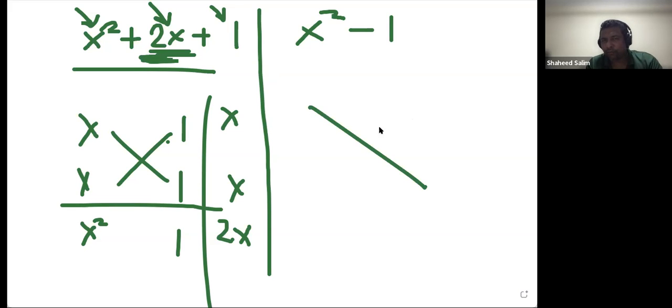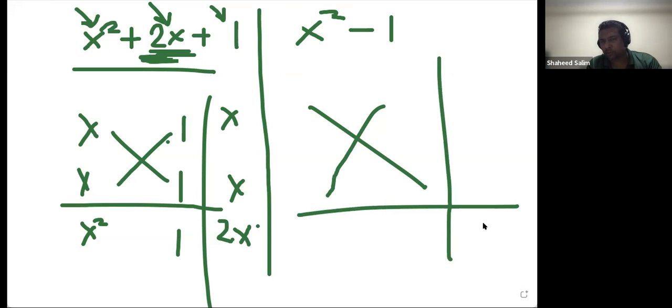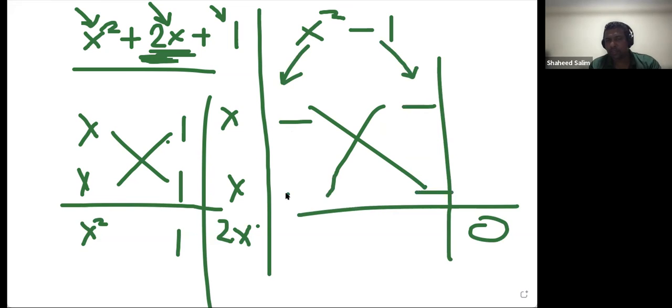Can you try factorize this? That means the center one down here is supposed to be 0. All this plus this is supposed to be 0 down here. You try. I want you to see the pattern, and then I'll teach you something.